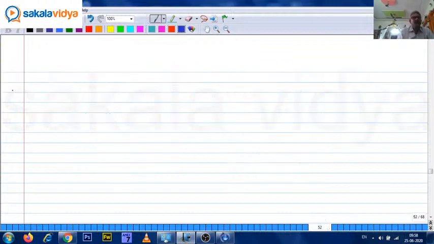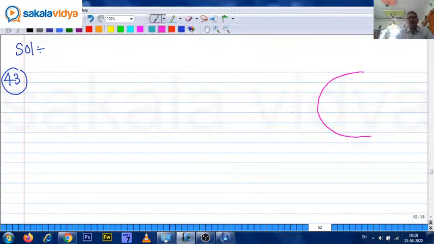Now 43 solution. So this is the parabola. Let this be the axis. Say this is the double ordinate.